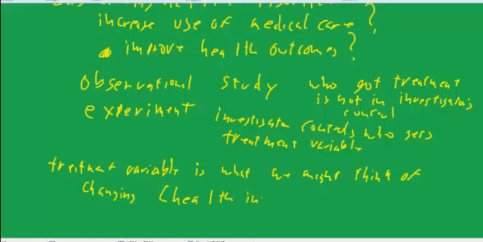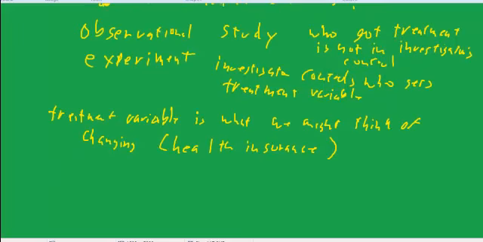Do you want to have a policy that helps people get health insurance, or do you not want to have such a policy? So the treatment variable is the health insurance, and the response variable is the outcome variable.